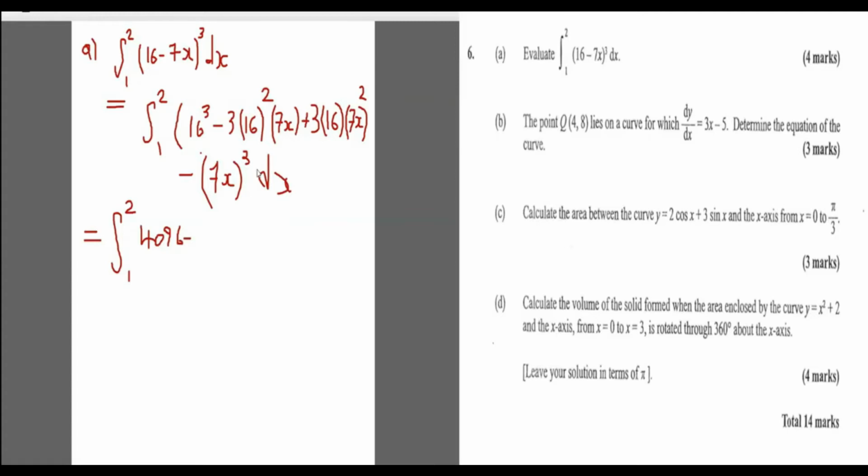That's minus 5,376 x, plus 3 times 16 times 7 square.